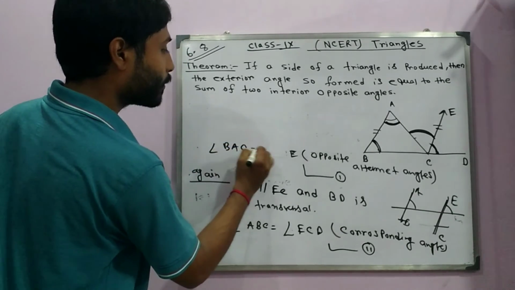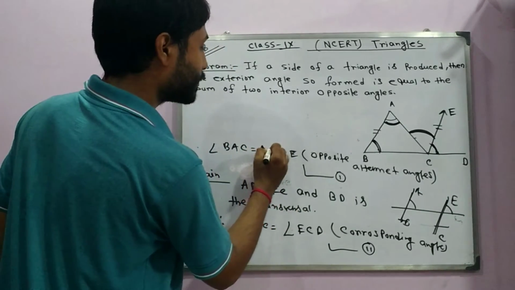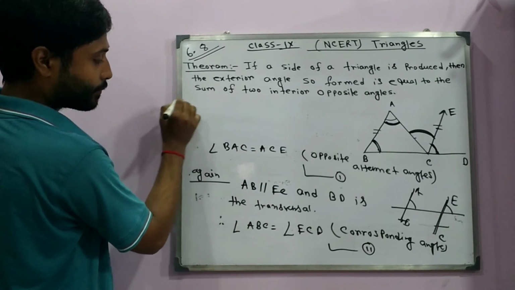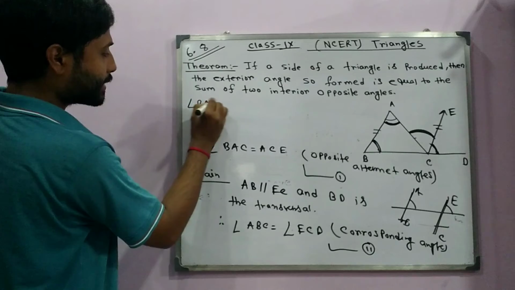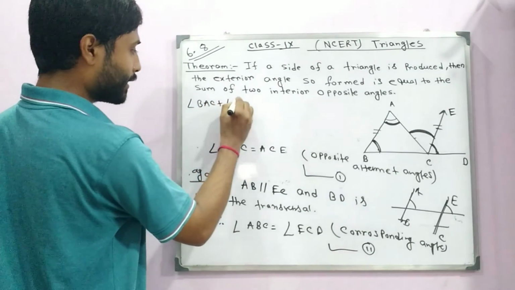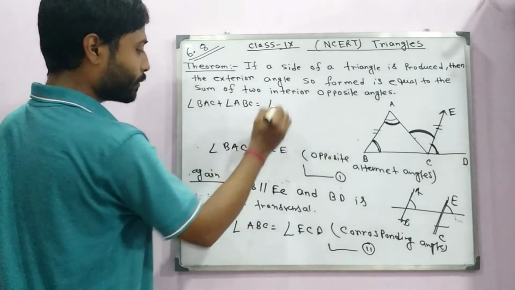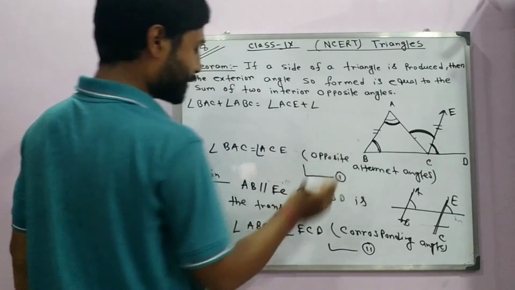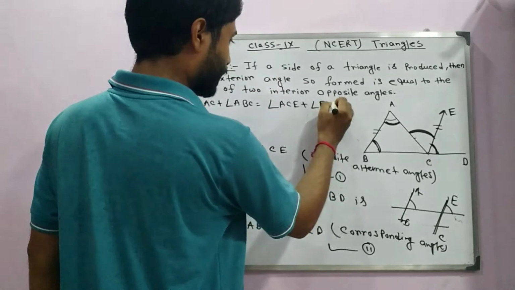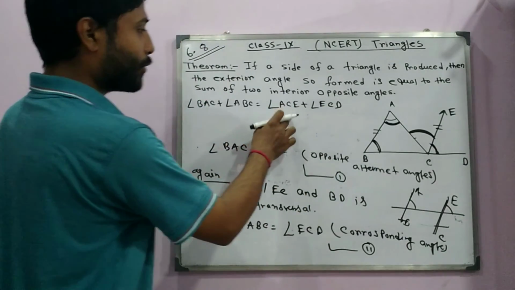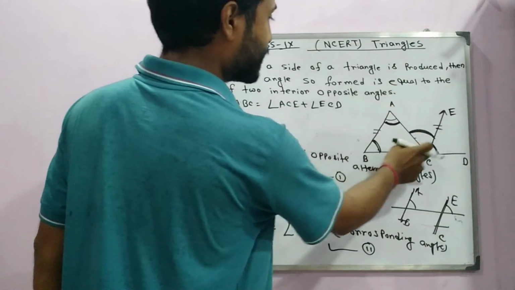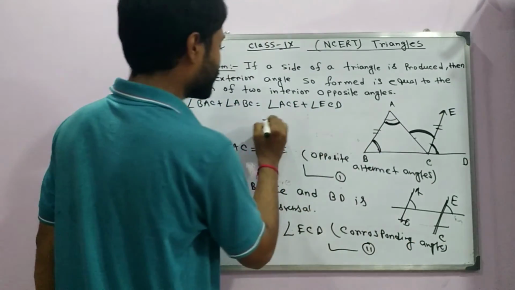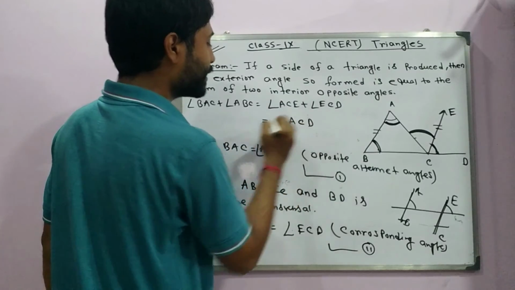BAC equal to ACE. So adding 1 and 2, we will get angle BAC plus angle ABC equal to angle ACE plus angle ECD. Now we can see that ACE plus ECD is equal to angle ACD.